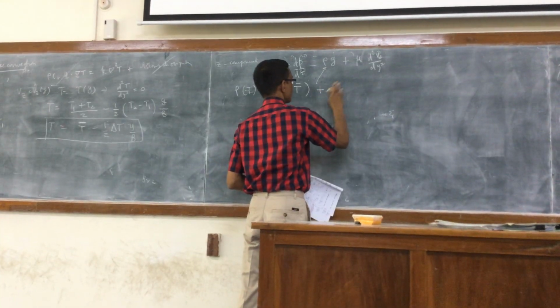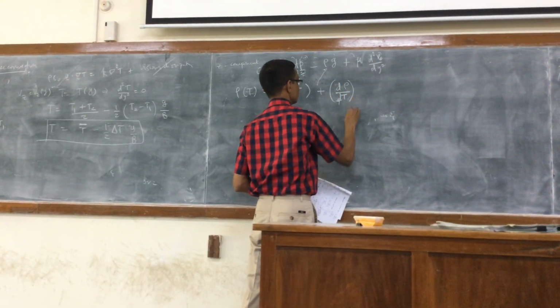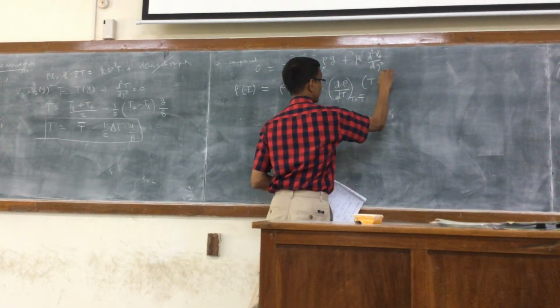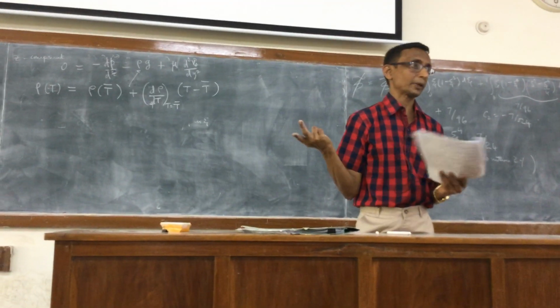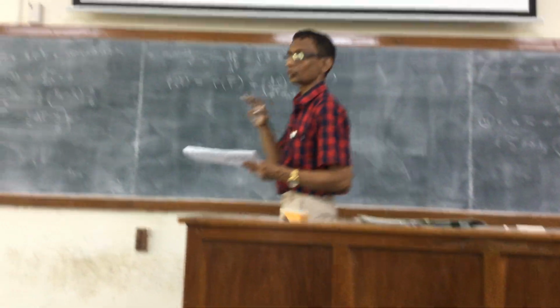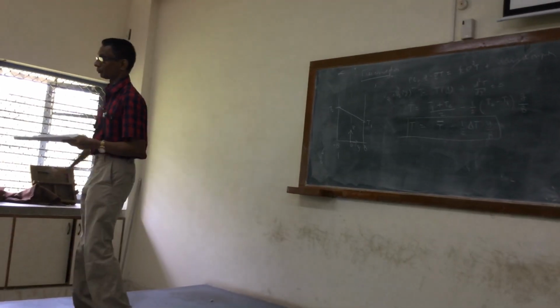So clearly this would be d rho by dT at T equal to T bar. This is all there is. Actually, there is nothing much to the Boussinesq approximation. It's just an expansion considering the minimal variation of temperature. You expand it with respect to temperature and take only the first order term.